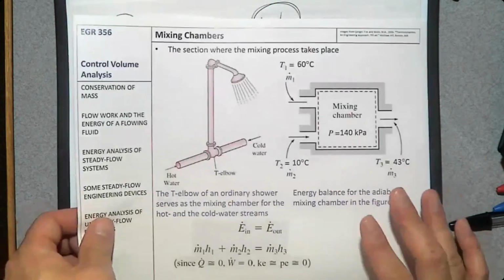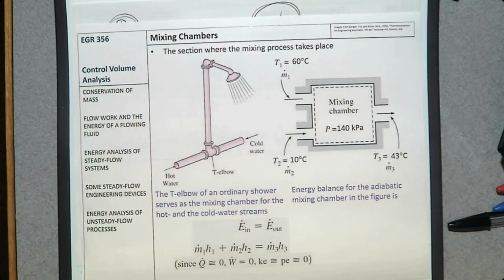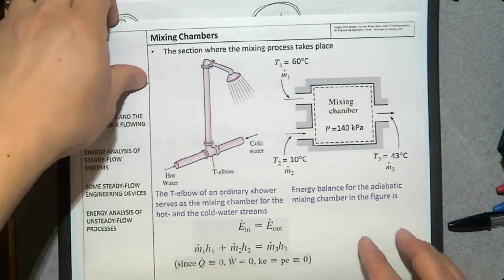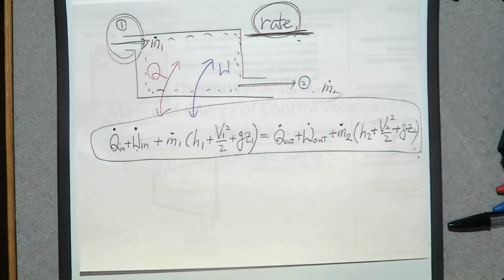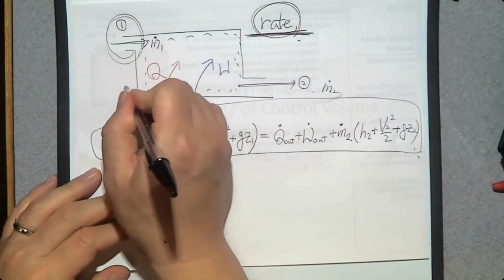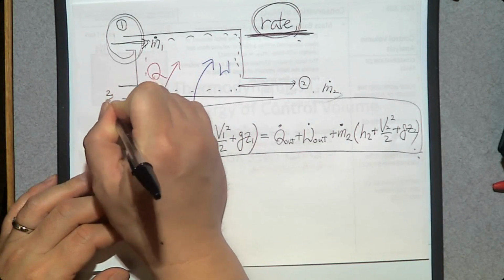A mixing chamber has two inlets, hot water and cold water, and mixed warm water comes out. So how can we study this mixing chamber thermodynamically? Basically, we have two inlets. In the previous case, we had only one inlet, so now I'm going to create another inlet, which is number 2.